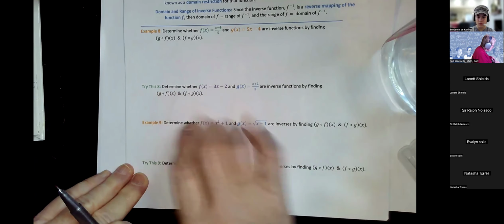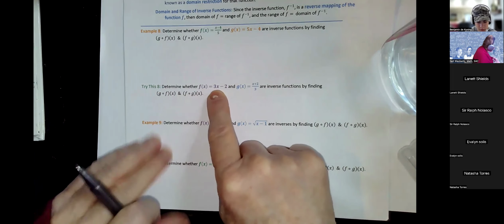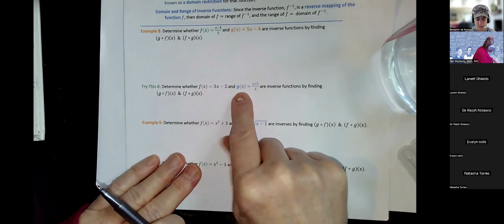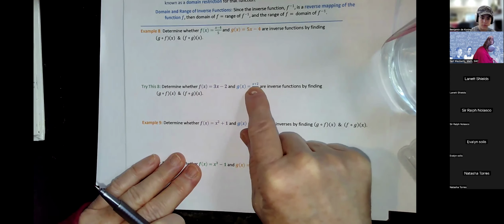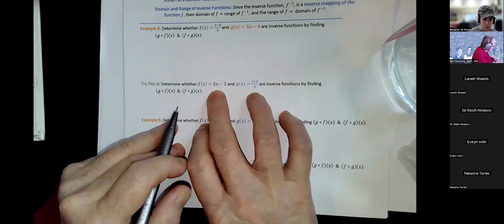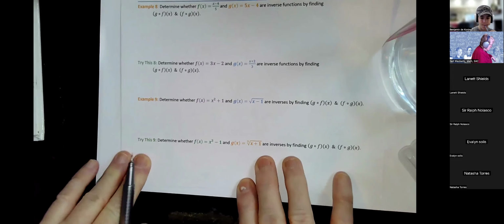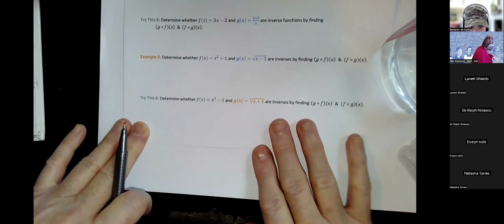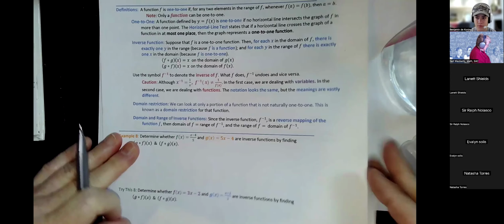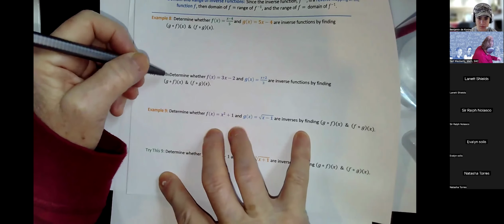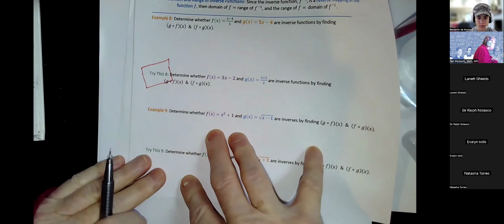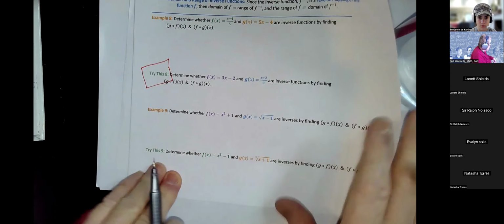On the try this 8, you have f of x is equal to 3x minus 2. g of x is equal to x plus 2 over 3. And I want you to show that they are inverse functions by finding the composition both ways. And we're going to skip example 9 and try this 9. So the only try this that you need to do on page 2 is the try this 8.